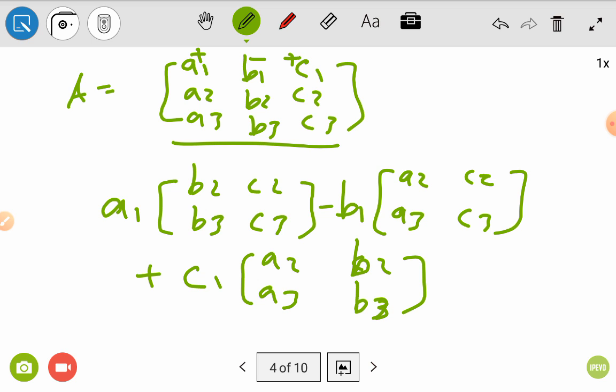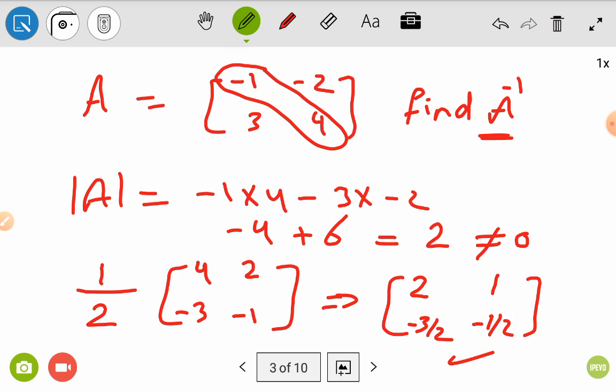Here you can do cross multiplication, and also in this matrix and in this matrix, multiply by A1, multiply by B1, multiply by C1, and get the value of the matrix. Now I'm going to give you a numerical example.